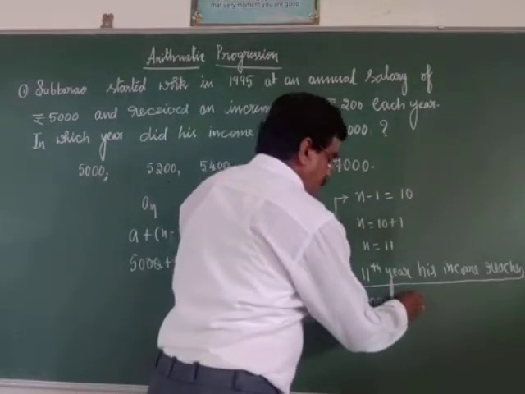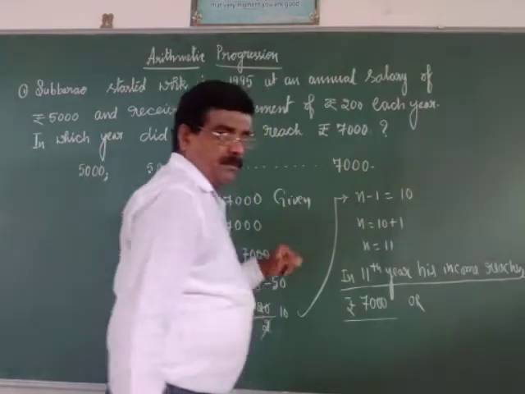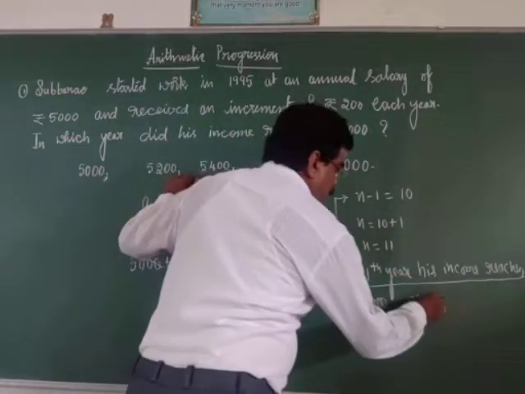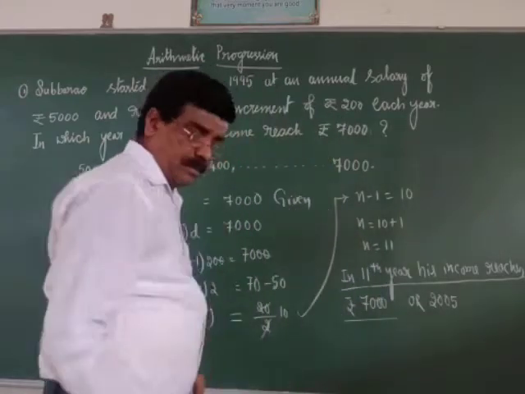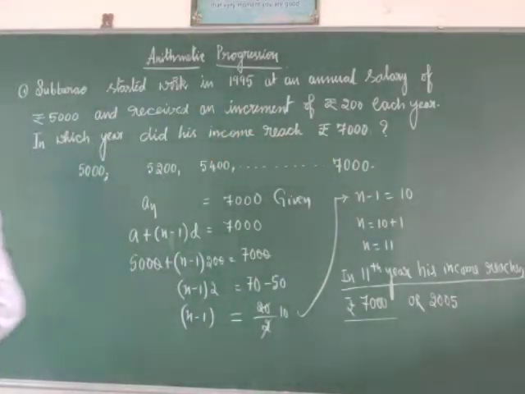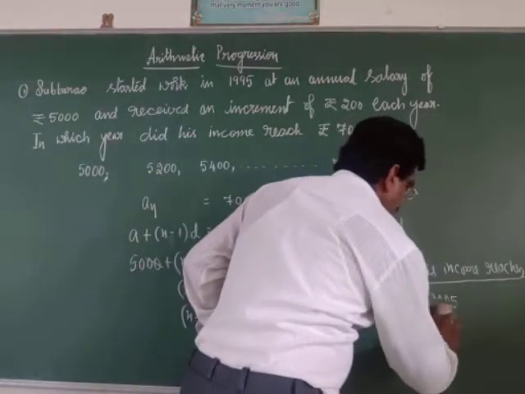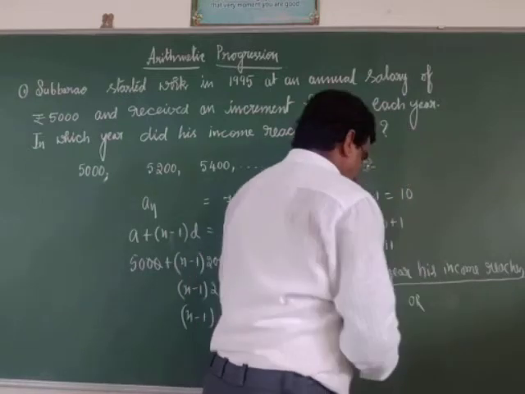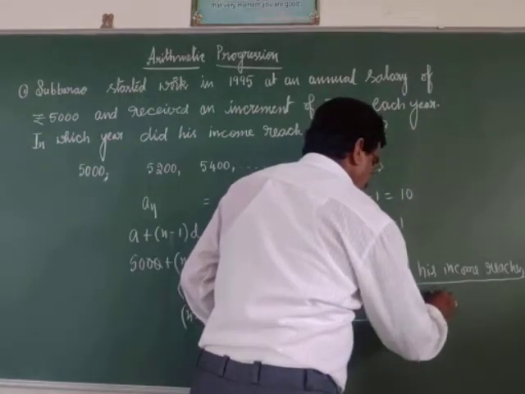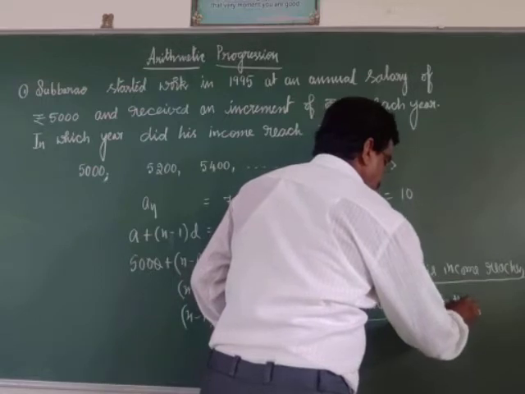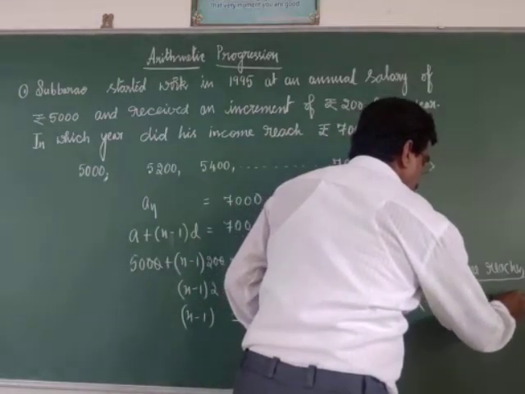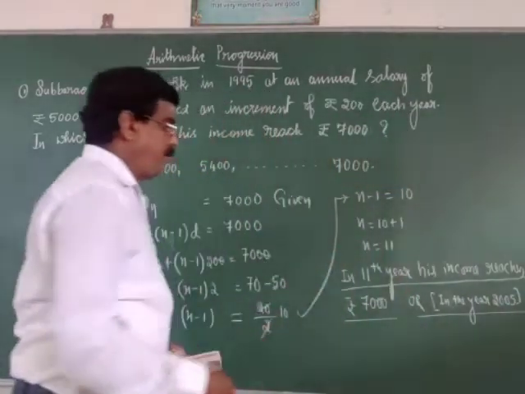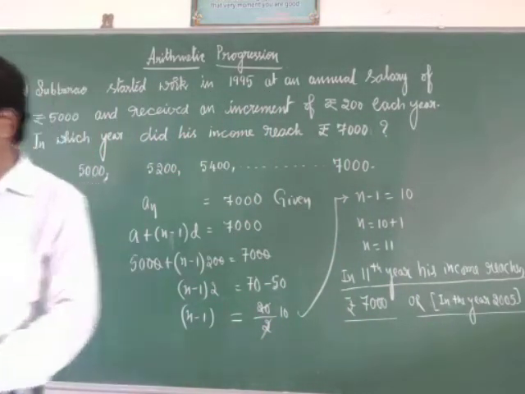Or you can write, in the year 2005, his income will be 7,000 rupees.